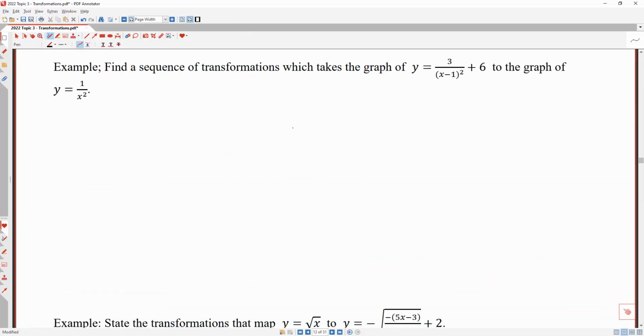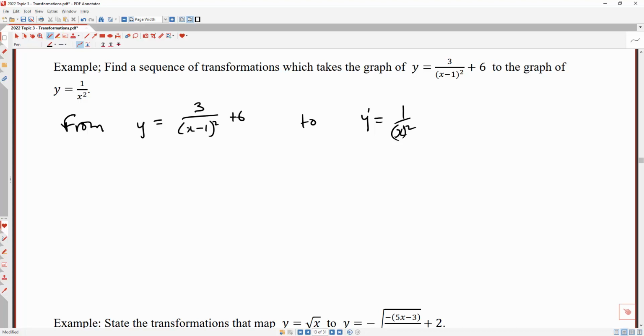All right, let's do this one here. What we've got is a sequence which takes this to this. So we're going to go from y equals 3 on x take 1 all squared plus 6 to y equals 1 on x squared. This second function is our image, so we're going from this back to this.